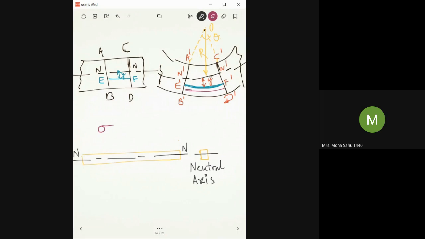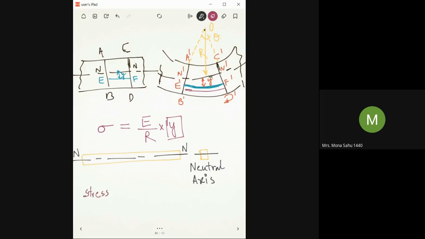N and N dash are going to remain the same. But the layers above N dash will contract, and below N dash will elongate. So the stress is directly proportional to its distance y from the neutral layer. This is important. You can write that down.